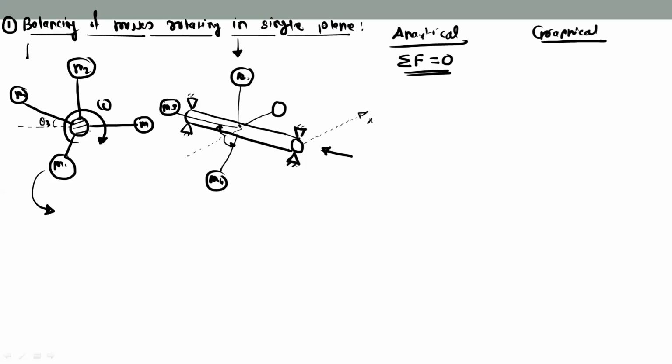All these masses have the same omega, so they will create the centrifugal force. This is F1, this is F2, this is F3 and this is F4. If the system is unbalanced, then there has to be some resultant force, so we have to find out the value of the resultant.